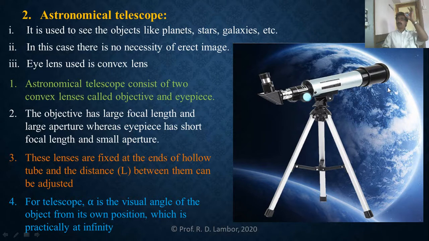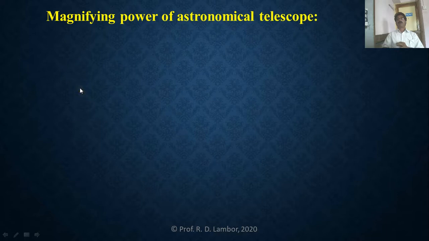Then from their own position, the visual angle subtended by that object is taken as alpha. Now, we will find the expression for the magnifying power of the astronomical telescope.